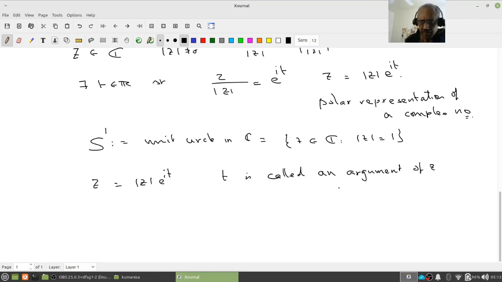Argument of z. Notice that the keyword is "an" argument. Why is it called an argument?